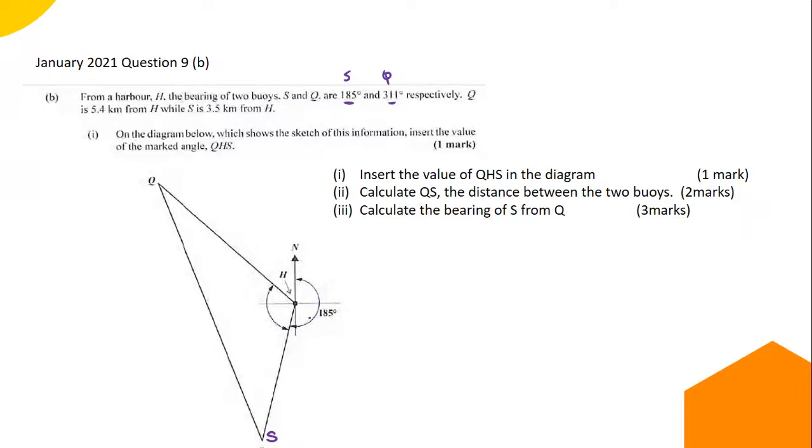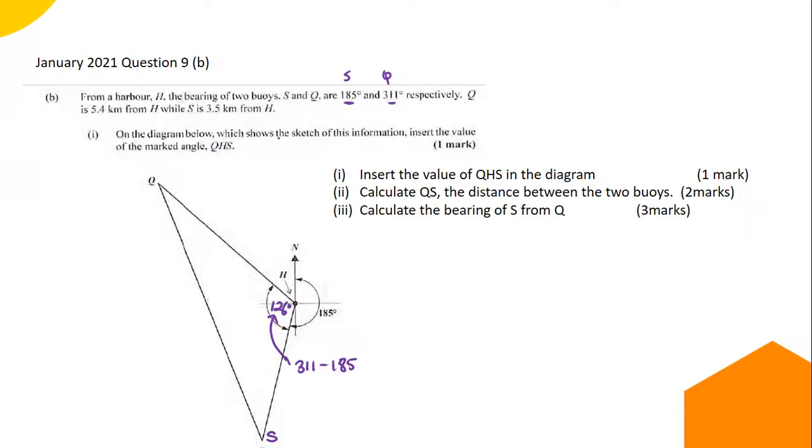If this whole thing is 311, and we know this portion is 185, this missing angle is 311 take away 185, because from the North Pole at H all the way to Q gives us 311. That gives us 126 degrees.